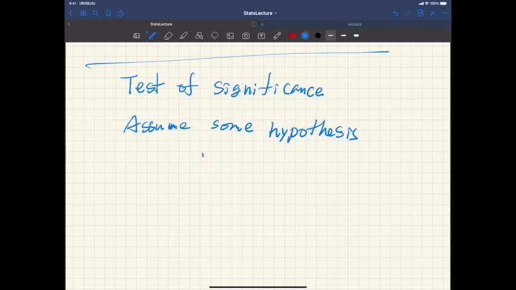For example, a coin is unbiased. Let's call it the null hypothesis.